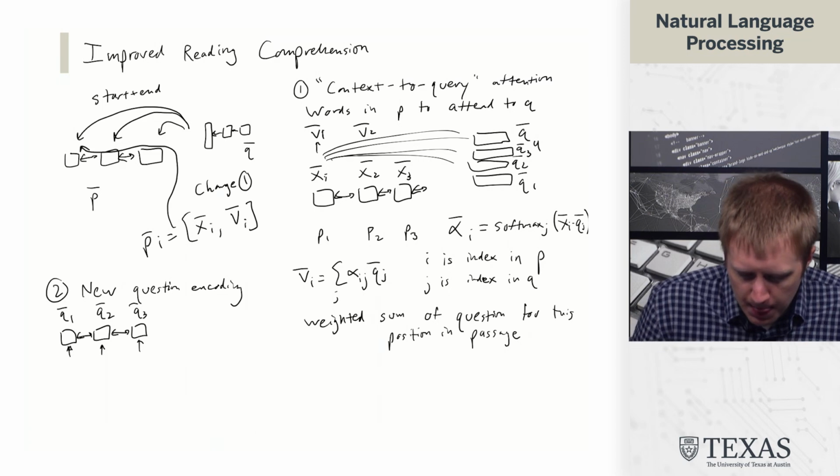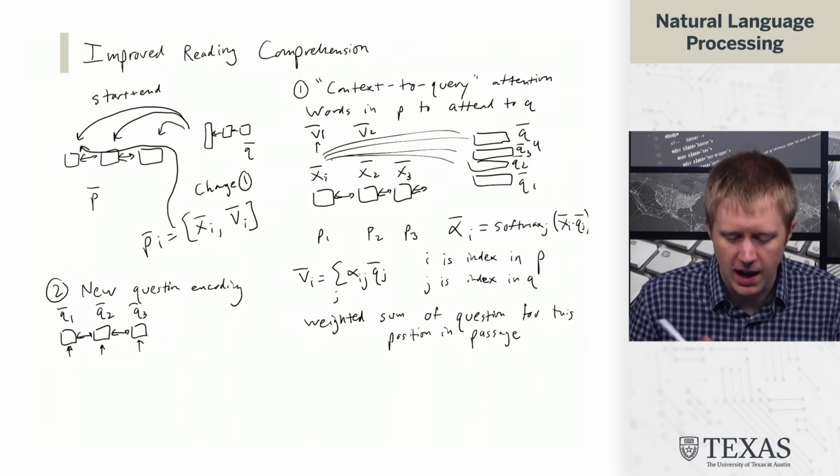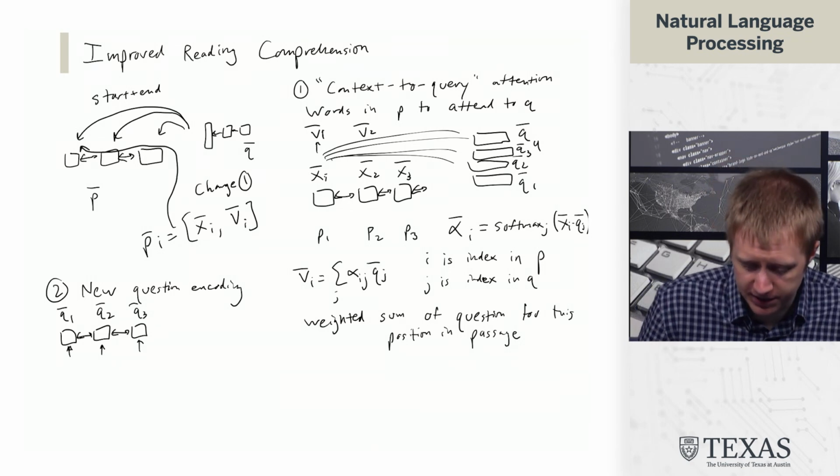So we have these vectors that come out of the bi-LSTM.